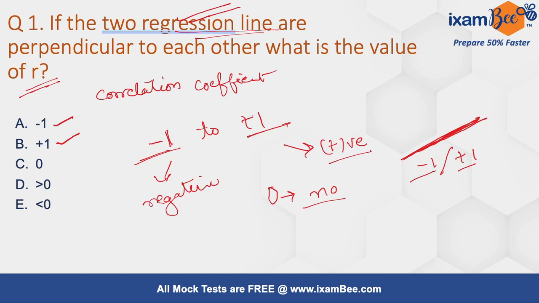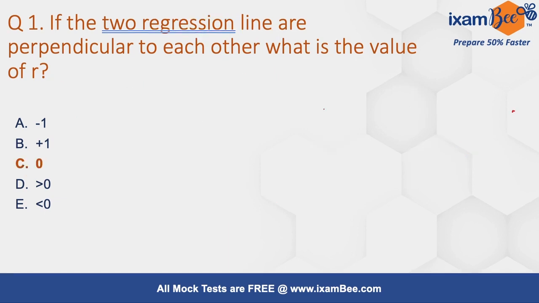If the value for the correlation coefficient is 0, then the lines will be perpendicular to each other. Right? So the answer for this question is C, 0. Because the lines are perpendicular here, the value for the correlation coefficient is 0.